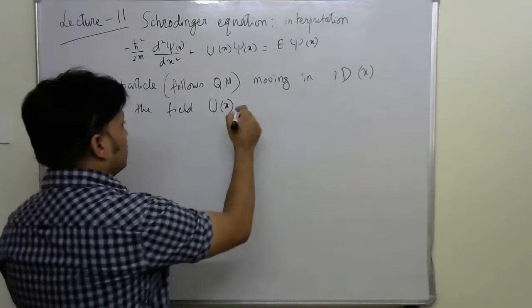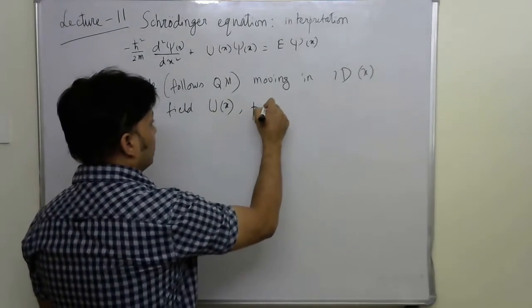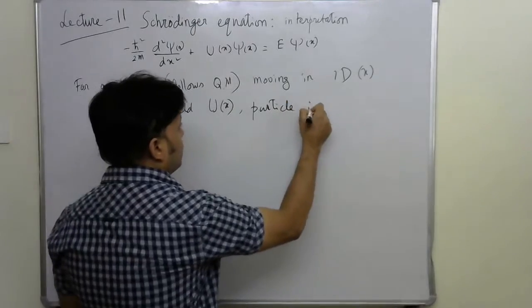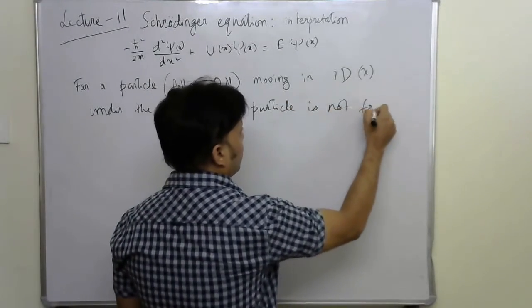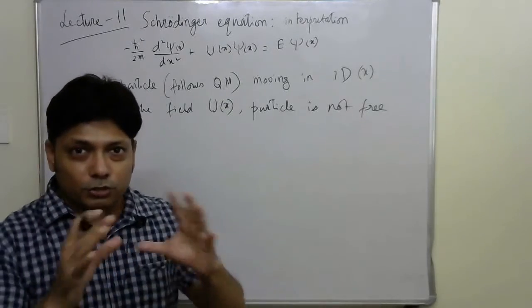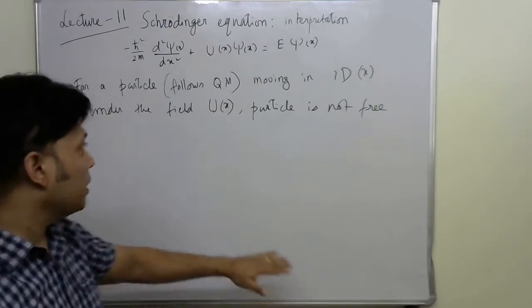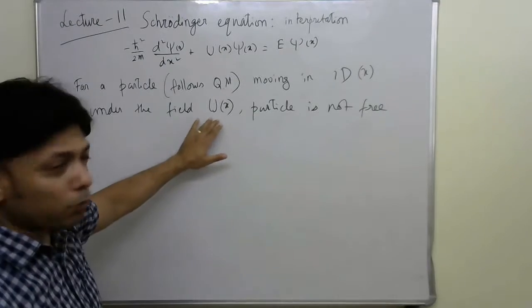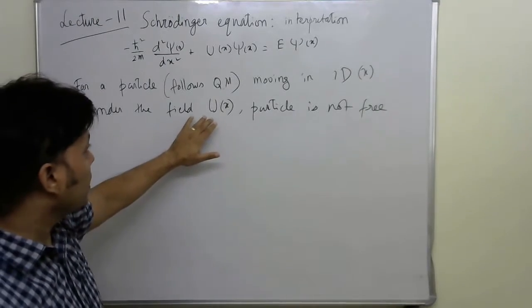So remember that the particle is not free. It is under some restraining force, and the restraining force is expressed in terms of its potential energy u(x).